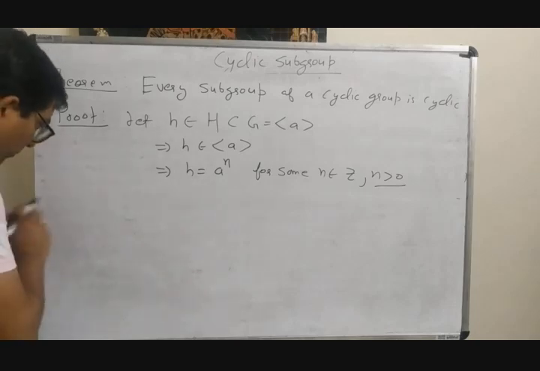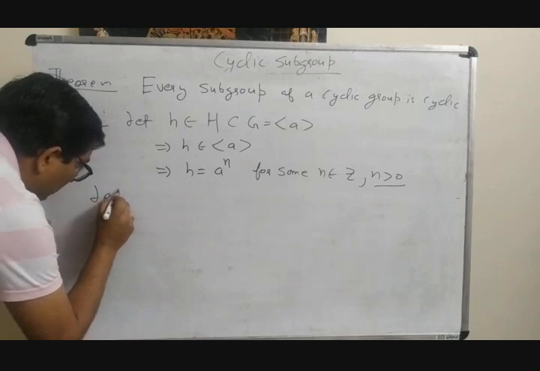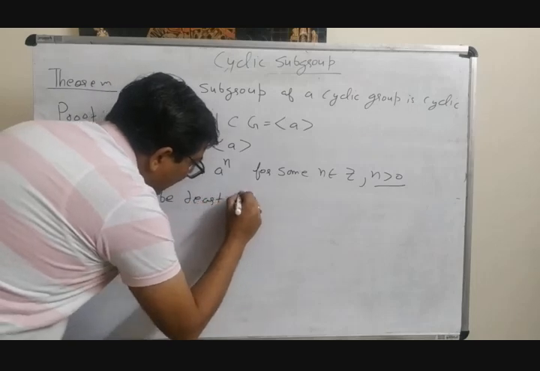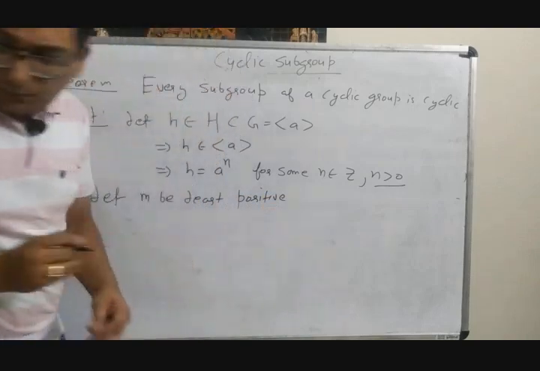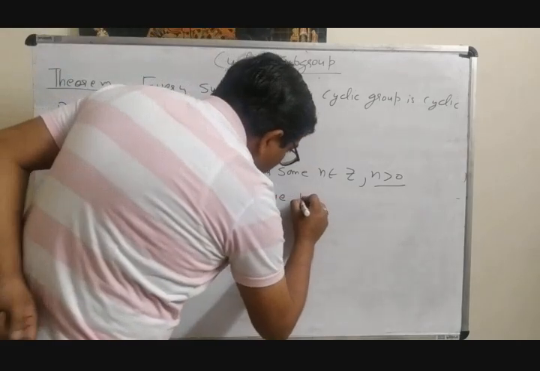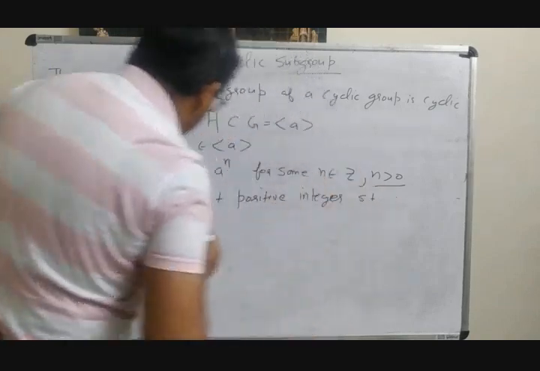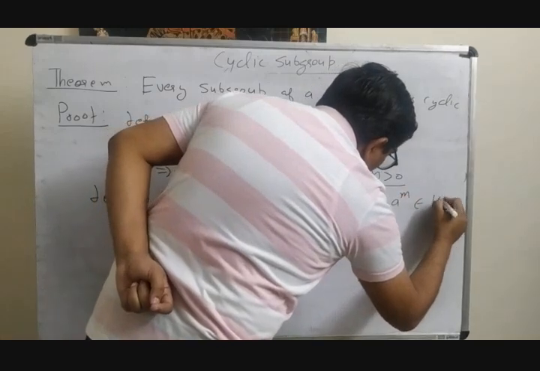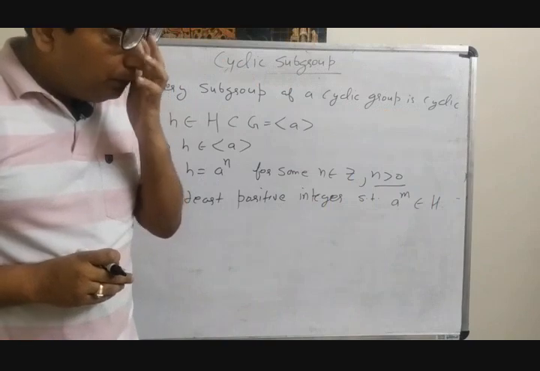So we can take n greater than 0. Now, by using the well ordering principle, let m be the least positive integer such that a raised to power m belongs to H. What is the well ordering principle?